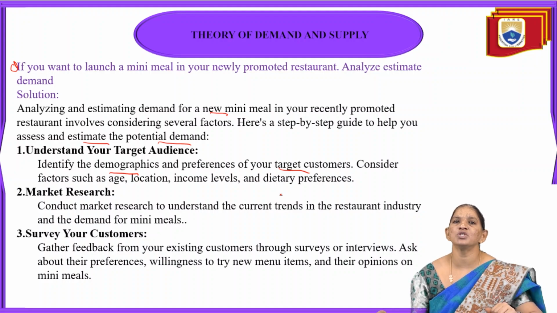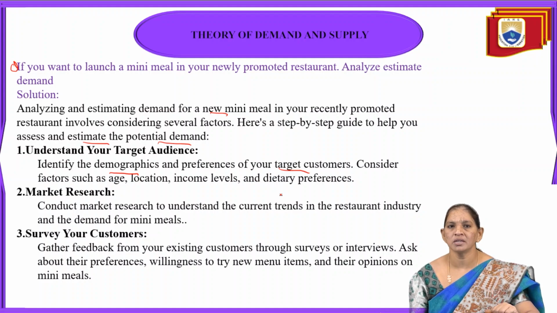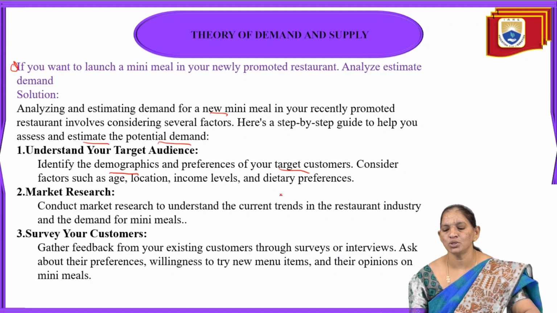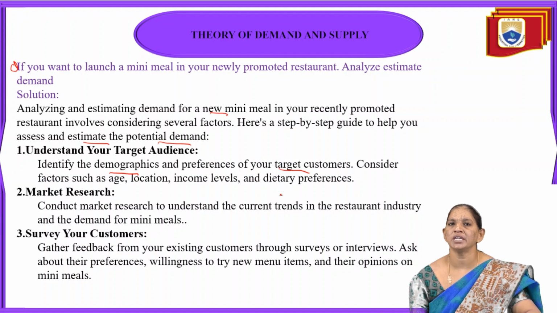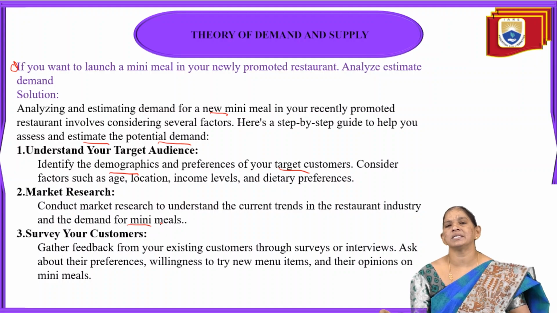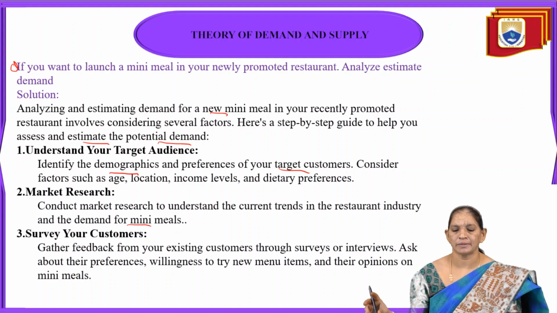In this way the preferences are identified, and based upon that our target audience is considered. Next, market research: we should understand current trends in the restaurant industry and see how far demand exists for our mini meals.